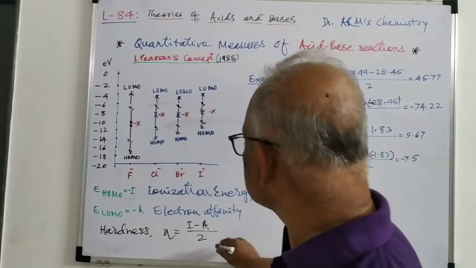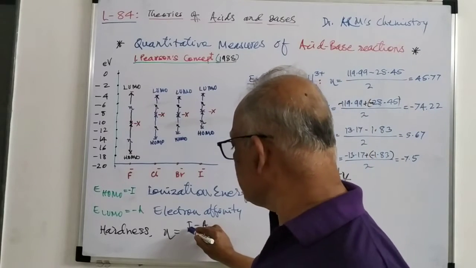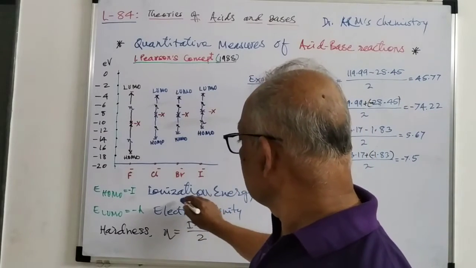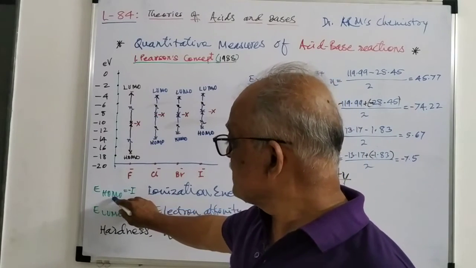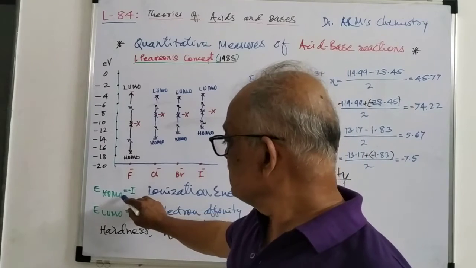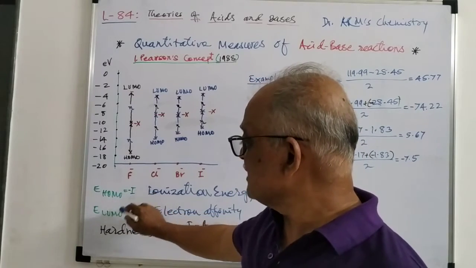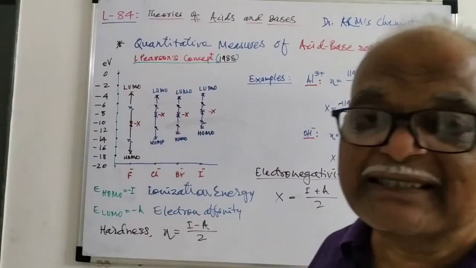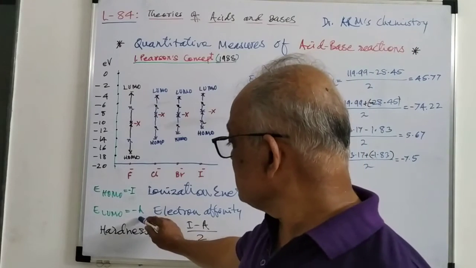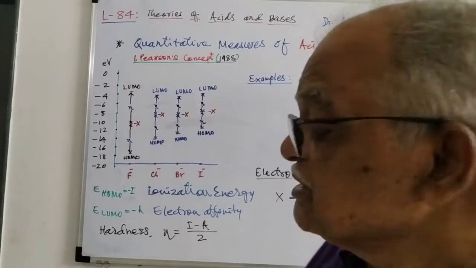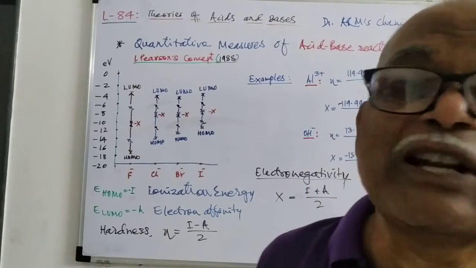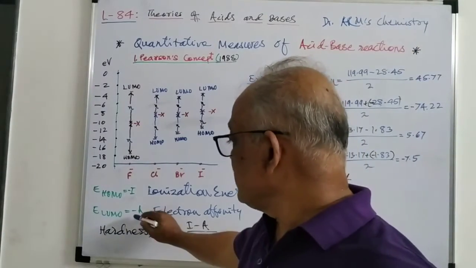Here the ionization energy is the energy of the highest occupied molecular orbital, and it is given as minus I. The electron affinity A is the energy of the LUMO, the lowest unoccupied molecular orbital.